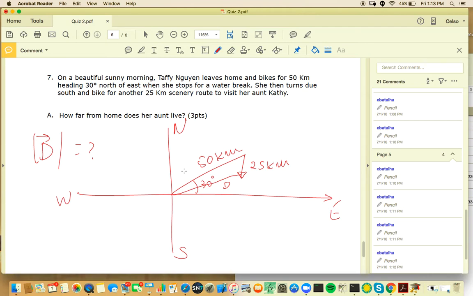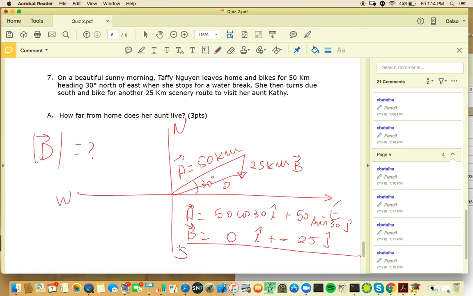If you call this vector A, the first one, and this is vector B, the second one, then A is equal to 50 cosine of 30 i hat plus 50 sine of 30 j hat, and vector B is 0 in the i component, but it has a negative 25 j hat.